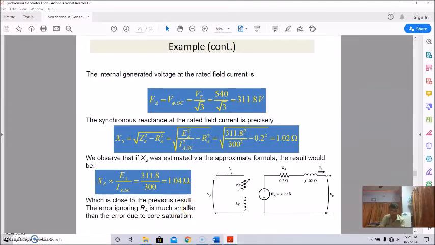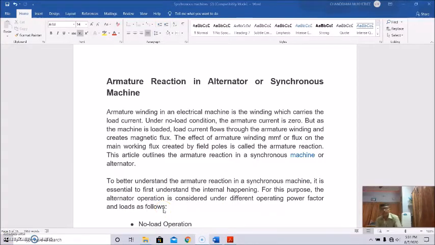Next we will start armature reaction. Now we will discuss armature reactions in alternators or synchronous machines. The armature winding in any electrical machine is the winding which carries the load current. Under no load conditions the armature current is zero, but as the machine is loaded, load current flows in the armature winding and creates magnetic flux, which is known as the armature flux.